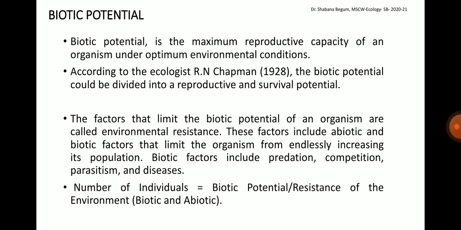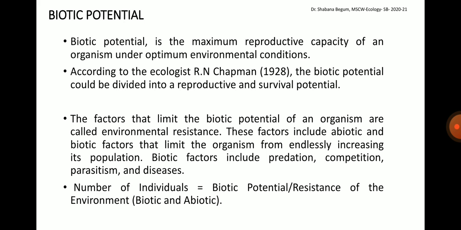Then the number of individuals is equal to biotic potential divided by resistance of the environment, which is biotic and abiotic. The biotic potential of a population can be calculated by the formula Rn = Δn / (nΔt), where R is the reproductive potential of an individual and n is the number of individuals present at that time.